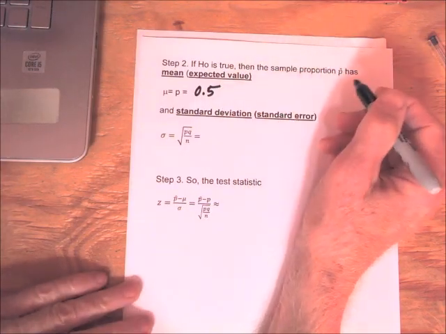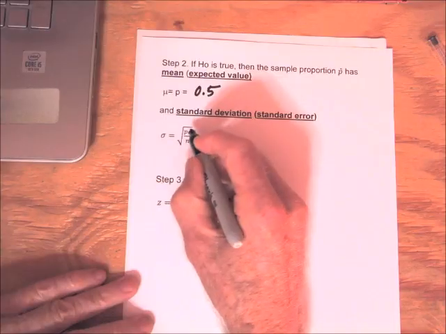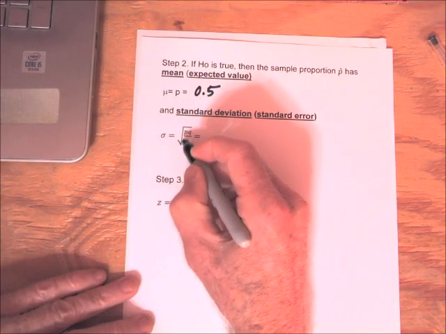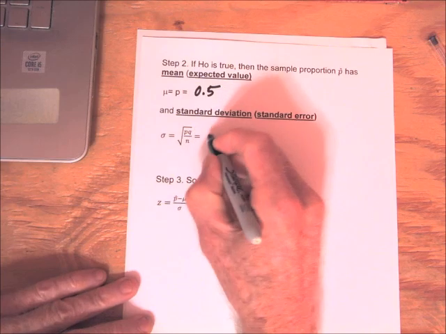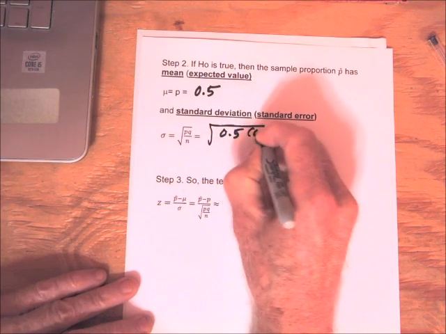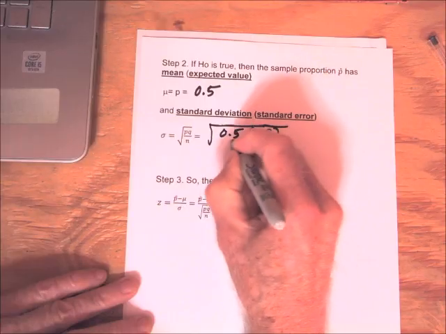And the standard deviation of p hat is represented by the Greek letter lowercase sigma, square root of p times q over n, square root of 0.5 times 0.5 divided by 80.